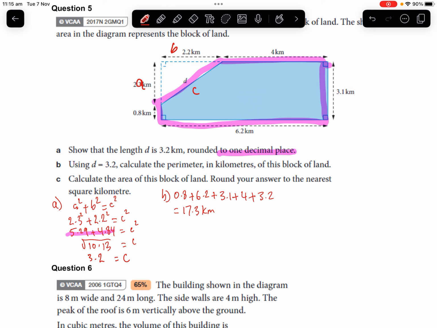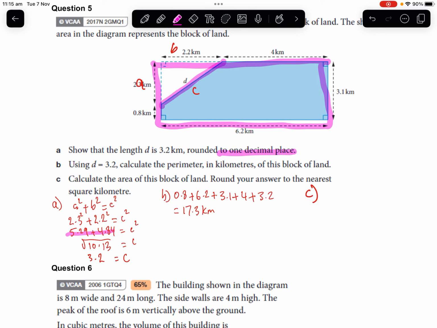Lastly, 5c. Calculate the area of this block of land. Round your answer to the nearest square kilometer. This block of land has two shapes in it. The whole thing is a rectangle, and there is also a triangle.